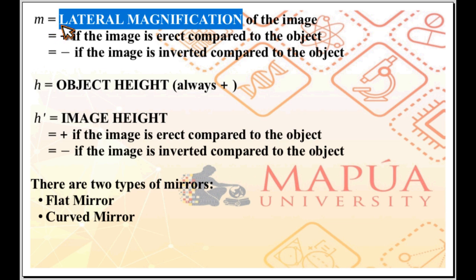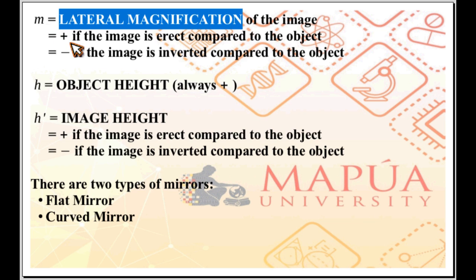Aside from comparing the size of the object and the image, aside from telling us whether the image is bigger than the object, the lateral magnification also tells us the orientation of the image with respect to the object.